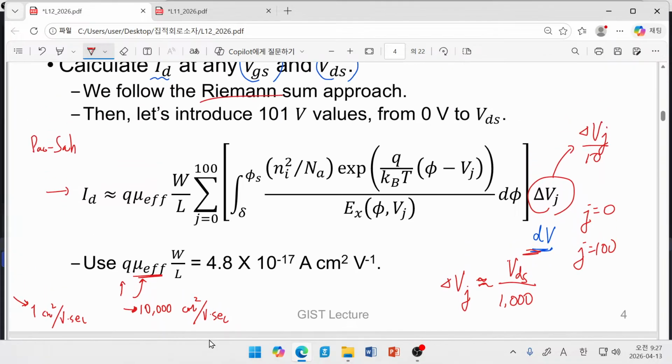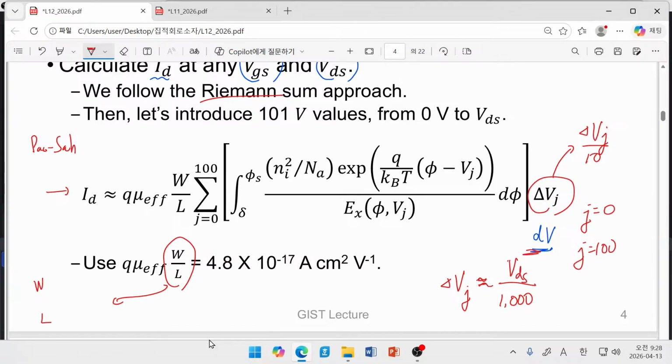Okay, so I will use this value, so there is no specific value we will use. Then you can ask me this question: okay, I understand, then what is the exact value of W and what is the exact value of L?